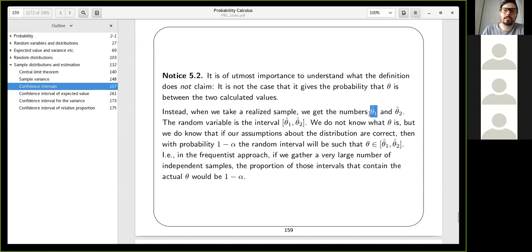So we have two estimators, theta 1 and theta 2, and this interval here gives us some kind of range where this resides with a high probability. So the bar is used for average over a sample, whereas the hat here is used as a separator between the actual theoretical value and something that we calculate from a sample.